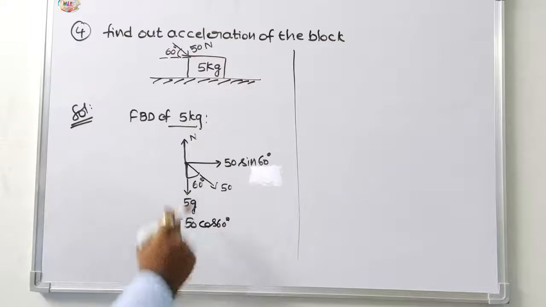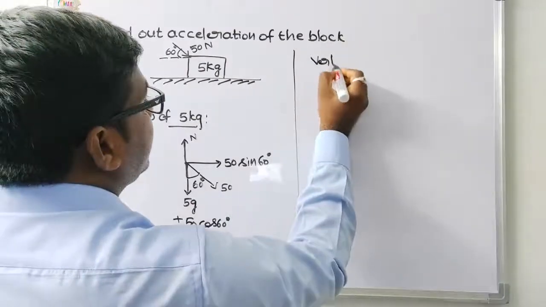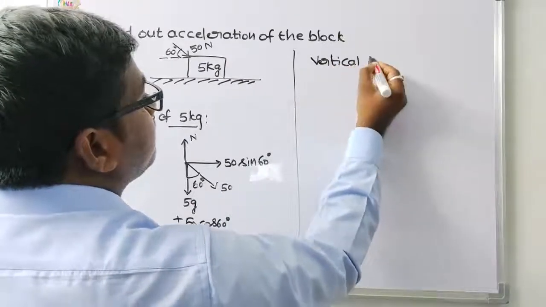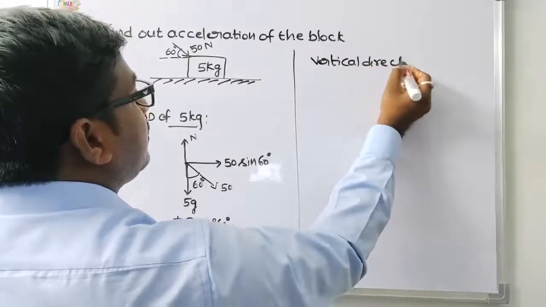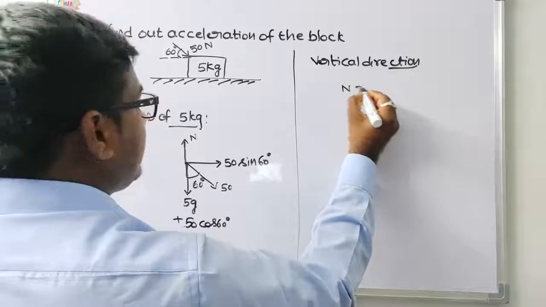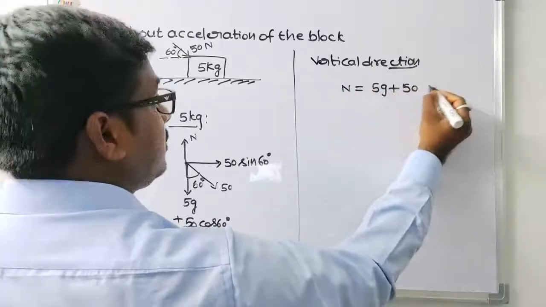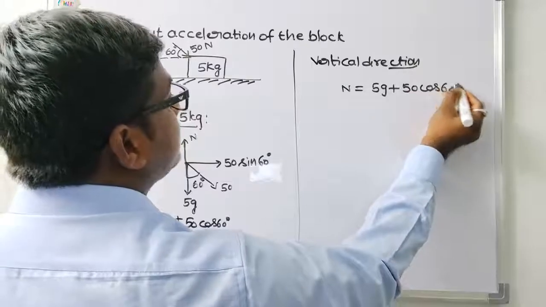First, taking the y direction, the vertical direction: N is equal to 5g plus 50 cos 60 degrees.